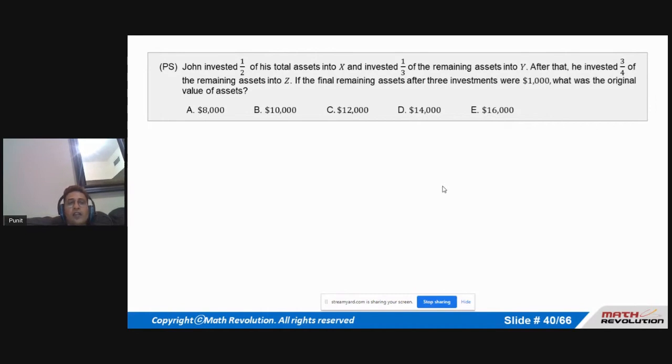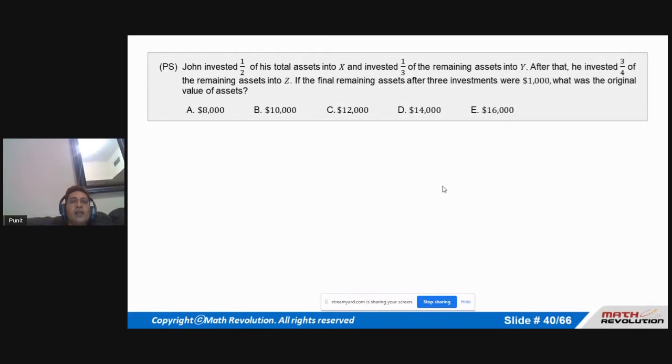So the question here says John invested 1 over 2 of his total assets into X and invested one third of the remaining assets into Y. After that, he invested 3 over 4 of the remaining assets into Z. So there are three investments made, one in X, one in Y, one in Z. The fractions are different, and for Y and Z they are the remaining portions.